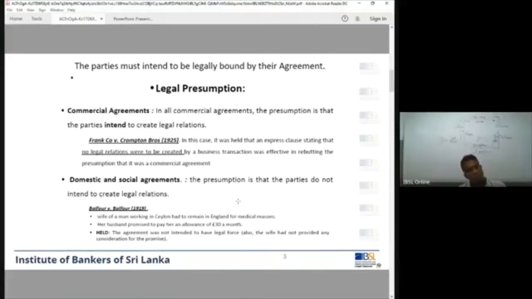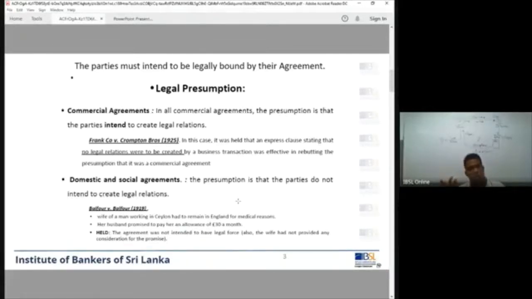The question before the court is whether the parties had the intention to create a legally enforceable contract. So then the court will look into the agreement or the contract. If it is a commercial agreement, the presumption is the parties had the intention to create a legal relationship.